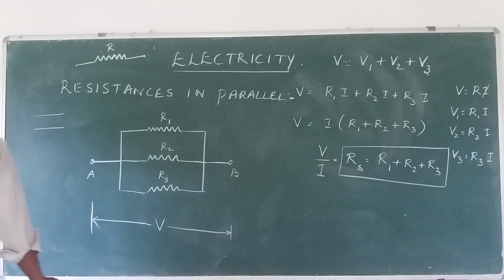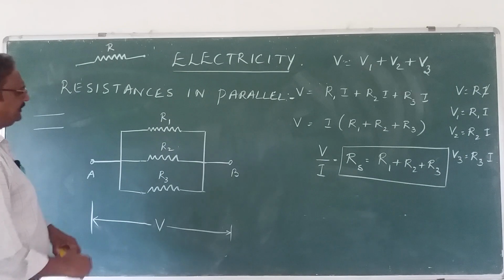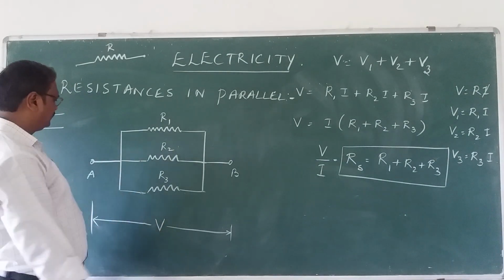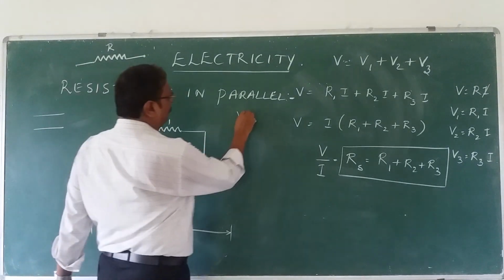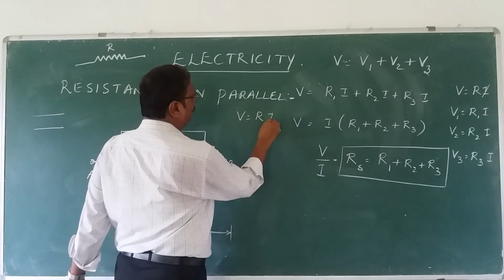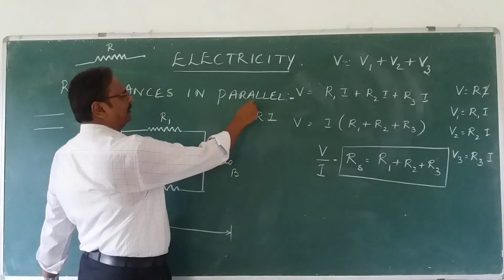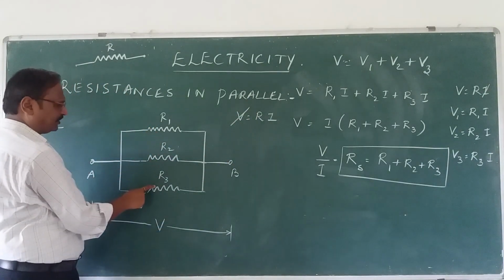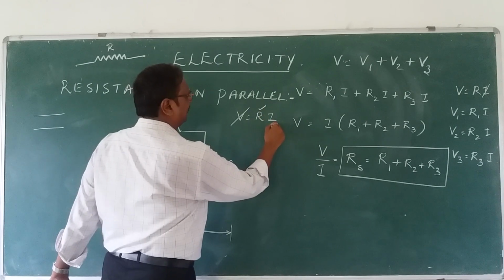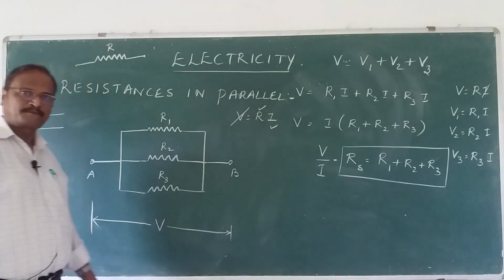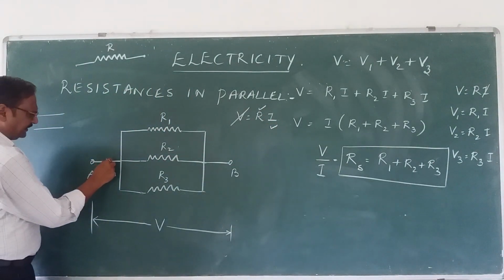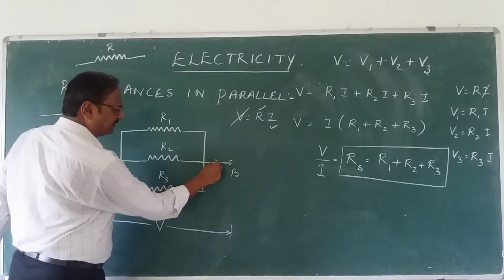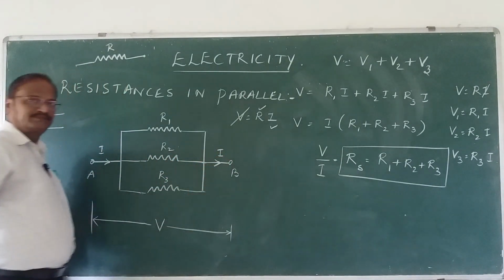In a parallel circuit, you will find that the potential difference will remain constant. According to Ohm's law, V is equal to R into I. Potential difference is constant. Resistances are different, so naturally the current should be different. A current I is coming here. According to the law of conservation of charges, the same current should come out.